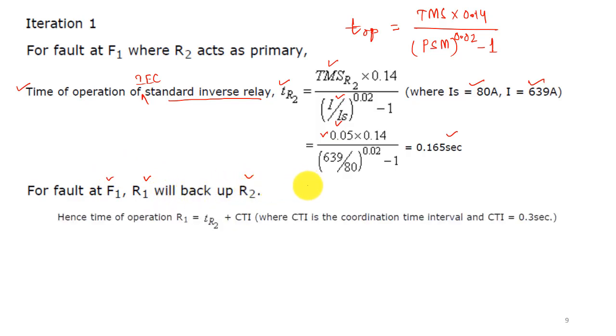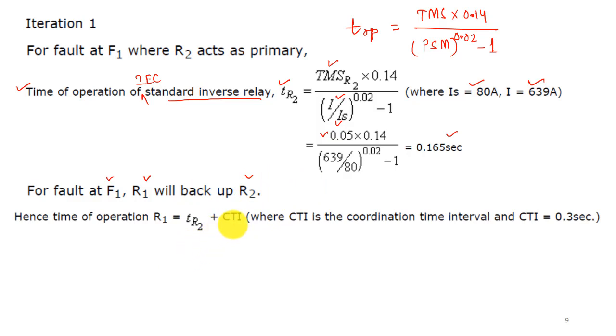Already we have seen this, right? Hence the time of operation of R1 will be TR2, that is the operation time of relay 2, plus CTI, the coordination time interval, and CTI here is chosen as 0.3 second.